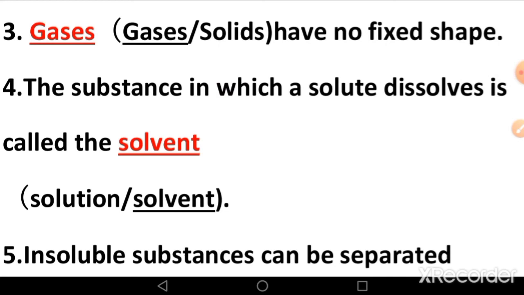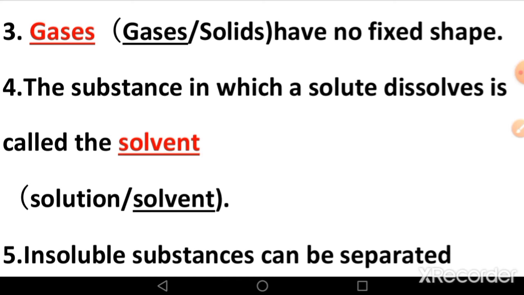Fourth, fill in the blank. The substance in which a solute dissolves is called the dash. Options are solution and solvent. The answer is solvent, because the substance in which the solute dissolves, means mixes, is called the solvent.